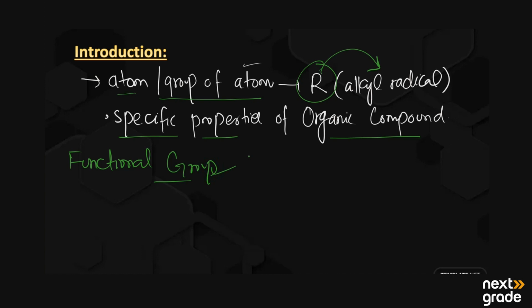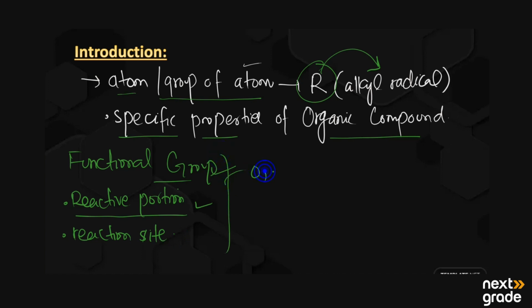In other words, the functional group is the reactive portion of the organic compound, or it is the reaction site of the organic compound, and it may contain other elements like oxygen, halogens, nitrogen, etc.